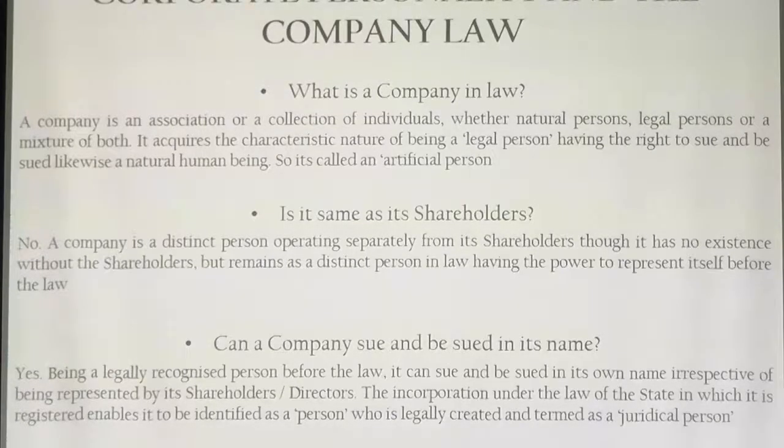So, if you happen to sue a company, you don't really have to take the trouble of looking for the names of the shareholders or the directors. You straight away sue the company in its corporate title, ABC Company Limited. The incorporation under the law of the state in which it is registered enables it to be identified as a person who is legally created and termed as a juridical person.